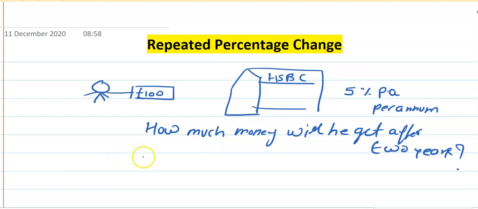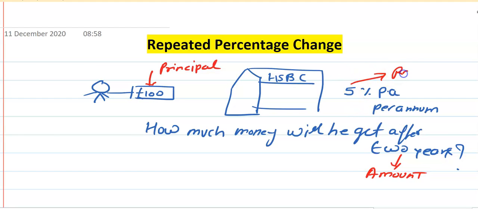We can use a formula, but before that, whatever money he is depositing is called the principal. Whatever money he will get after 2 years is called the amount. This is called the rate of interest, and 2 years is the time.